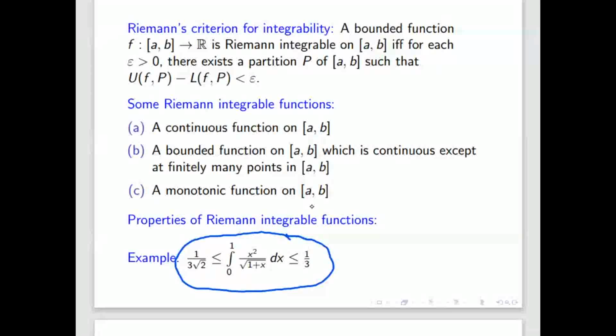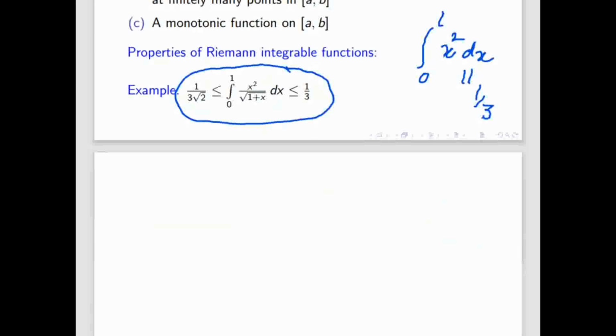What is the integration of x squared from 0 to 1? It is 1/3. So here 1/3 is present on one side. For this 1 plus x term we have to approximate something less than and something greater than. And it is very easy.